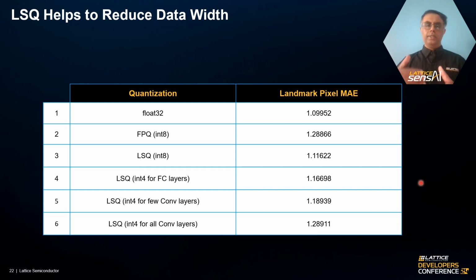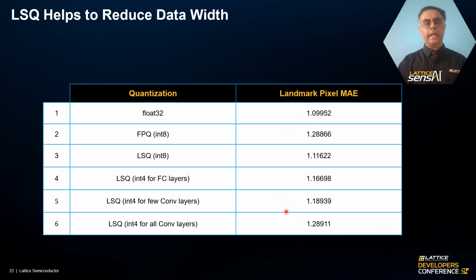Either you can go with int 8 and reduce the number of layers, or you can mix int 4 with int 8 and go with mixed precision. In some cases, int 4 is good enough for all the convolution layers, so that it drastically reduces the memory footprint, giving very good memory utilization.